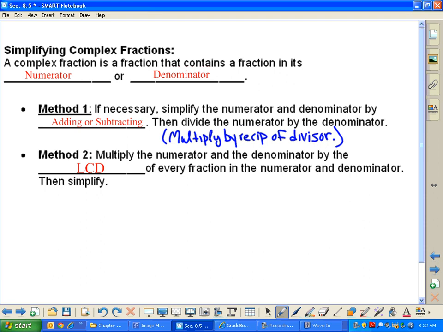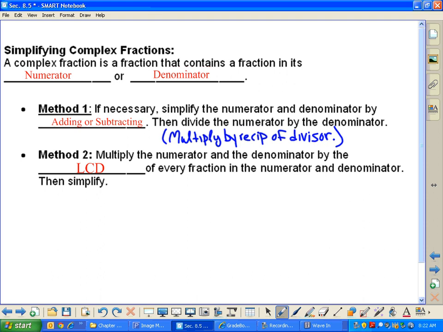And then method number two is a bit of a shortcut. Method one is usually the more popular choice among the kiddos that I teach. But method number two, you know, it's out there and you could definitely use it. Method two is nice to show you now because it's going to help you a lot with 8-6.